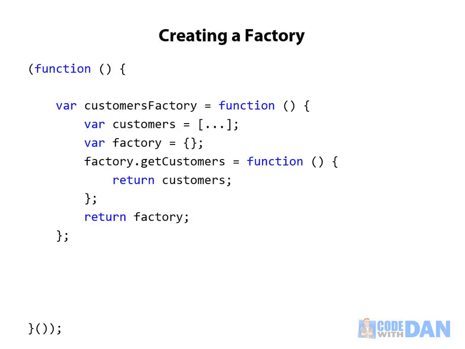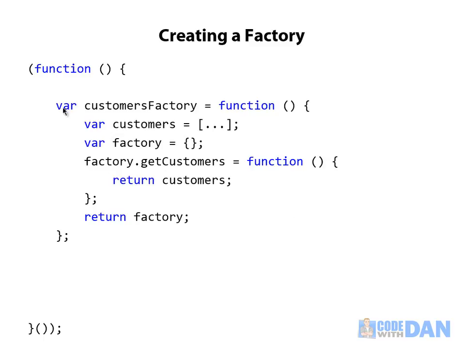Now, the process of creating a factory is actually very similar to creating a controller, just a few different keywords. The big difference, though, is that with controllers, you get a new instance every time a view loads that controller. Whereas with a factory, the first time the factory runs, the instance stays in memory, and it's a singleton. So everyone shares that same instance.